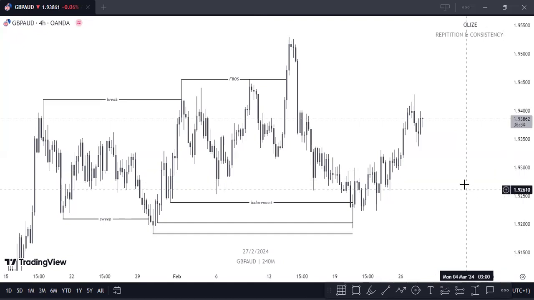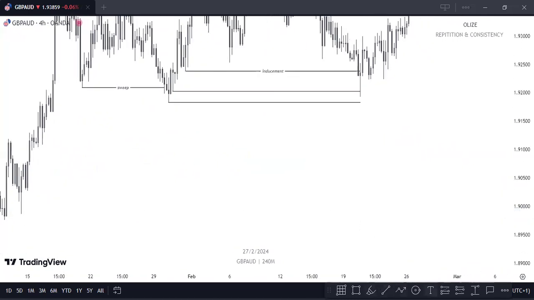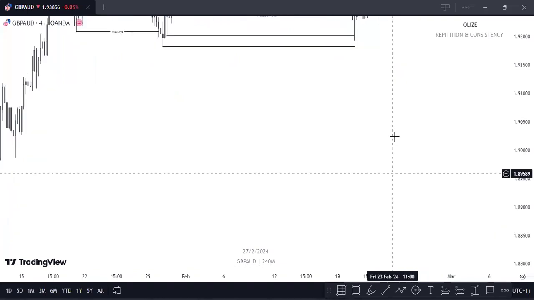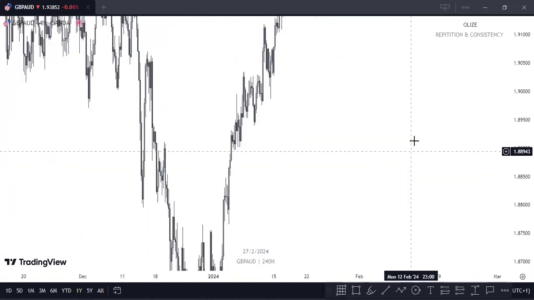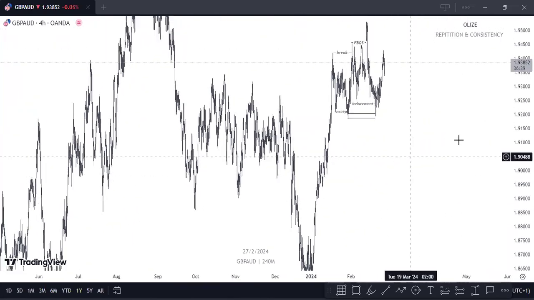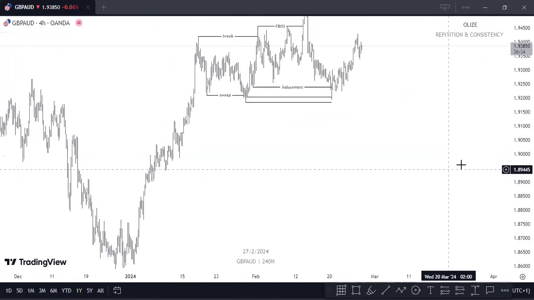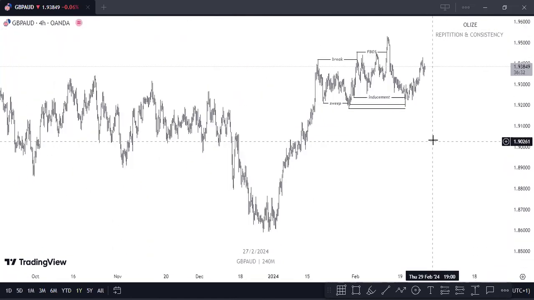Now directional bias, as I told you last time, we make use of a higher time frame for direction and a lower time frame for execution. What did I say is the first thing to notice when you scale down to your higher time frame?